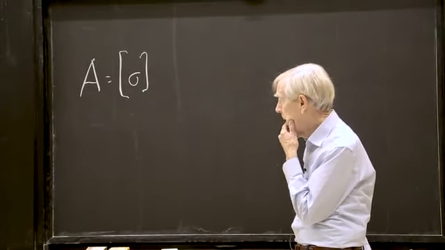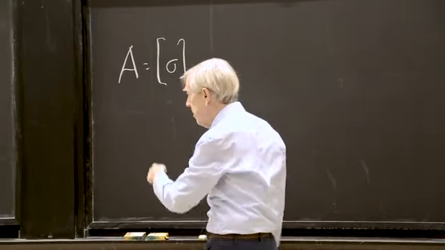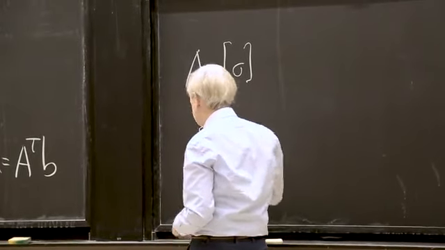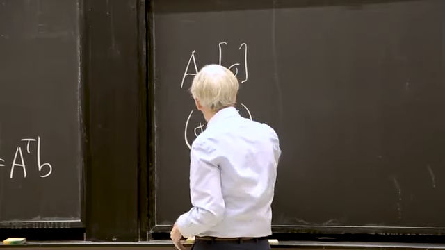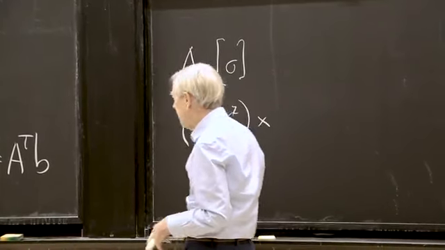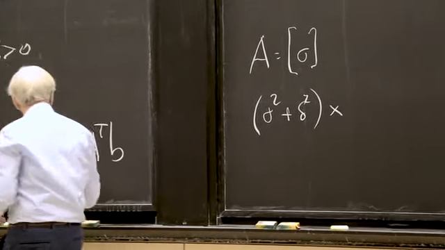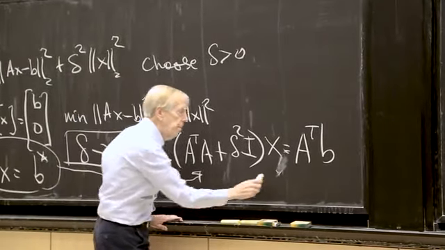Okay. So what's my equation that I'm solving? A transpose A would be sigma squared plus delta squared, 1 by 1, x. Should I give some subscript here? I should really, to do it right. This is the solution for a given delta.